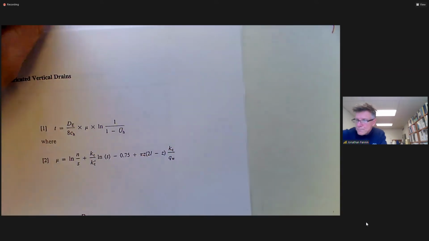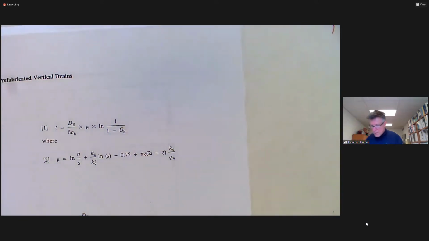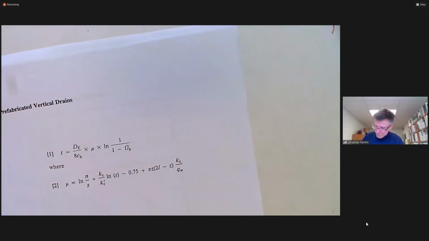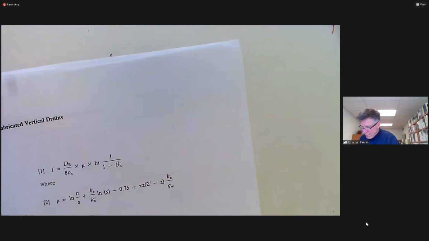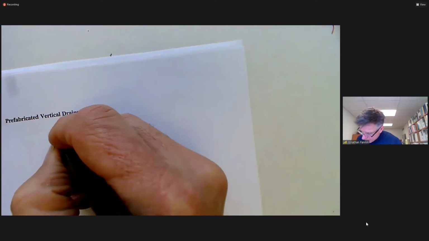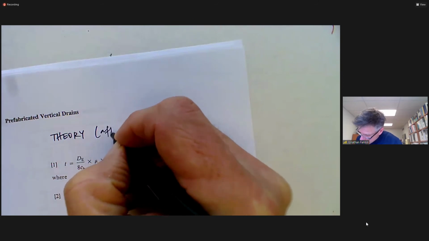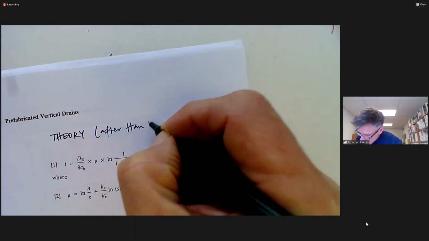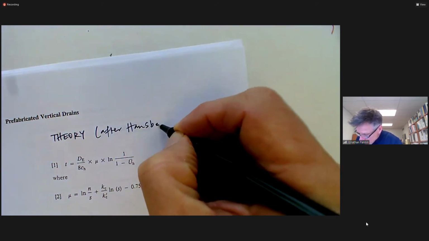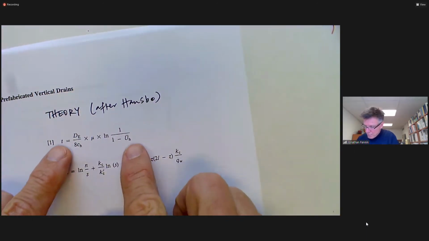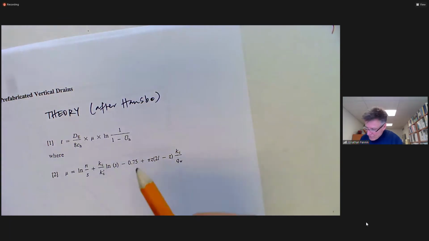So what about our equation now? Let's populate it. Theory, after Hansbo. Here is a relation between time and degree of consolidation.